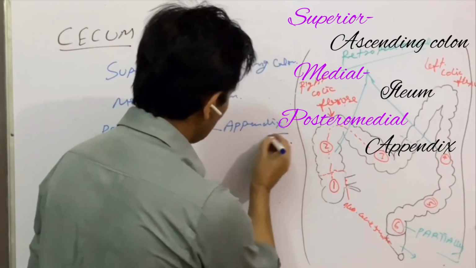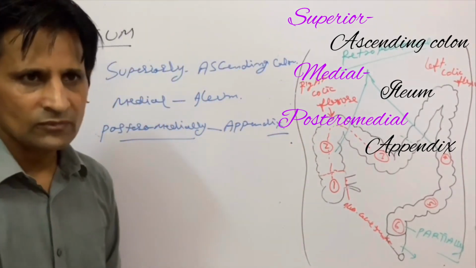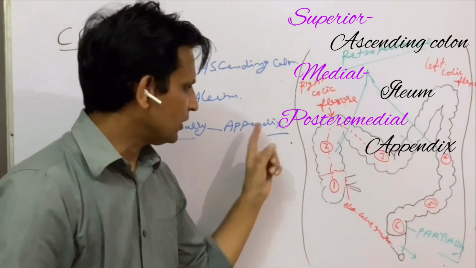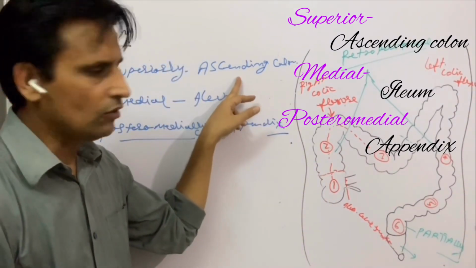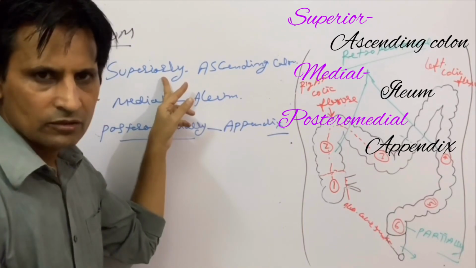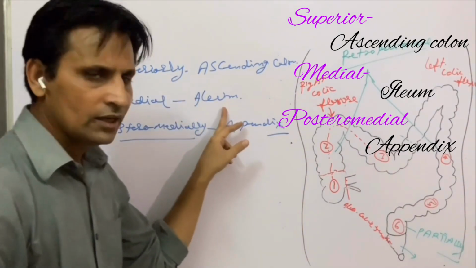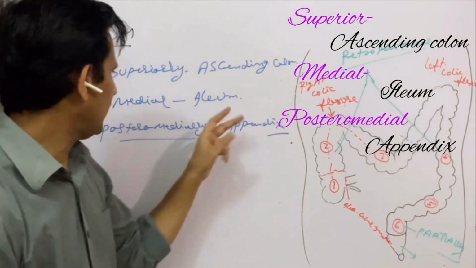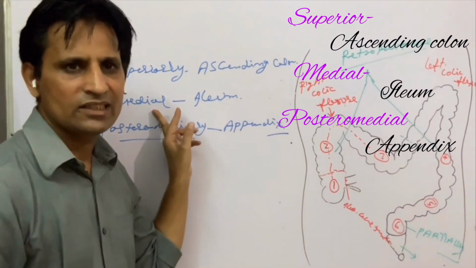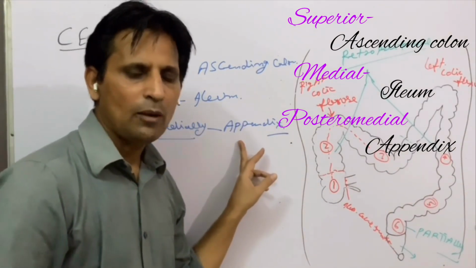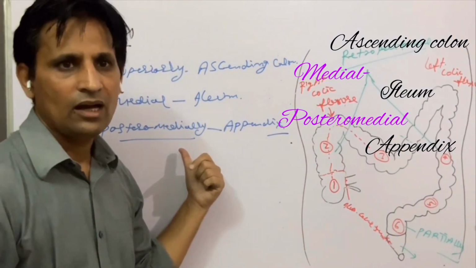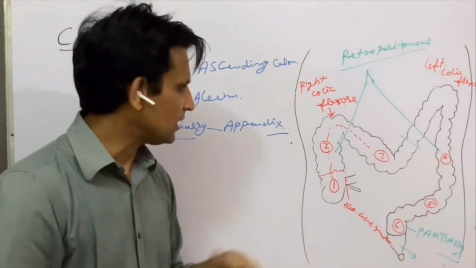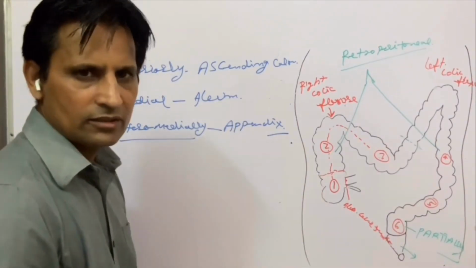So basically, the cecum communicates with three main structures. One is the ascending colon, which communicates superiorly. One is the ileum, which lies medially to the cecum, and the third one is the appendix, which lies posterior medially to the cecum. Right. So these are the basic communications.